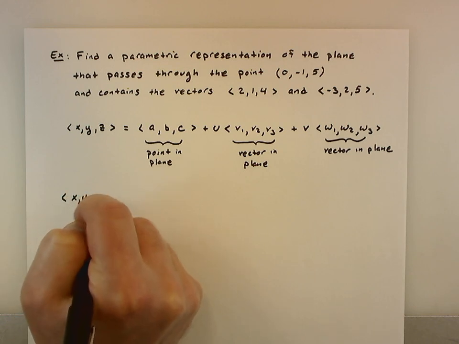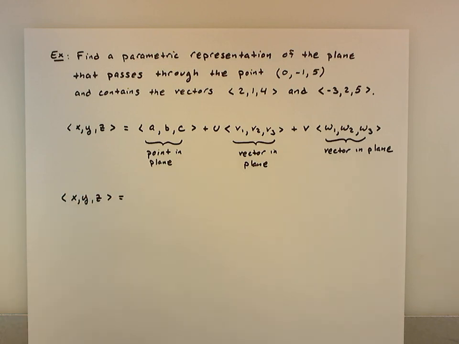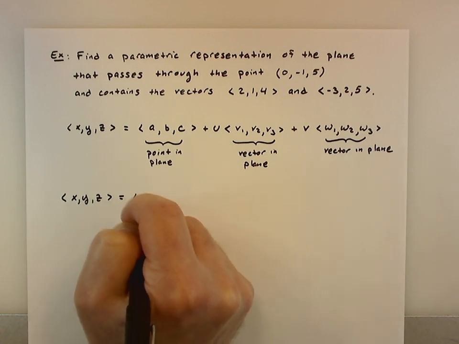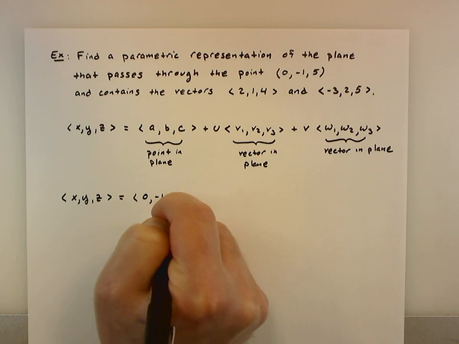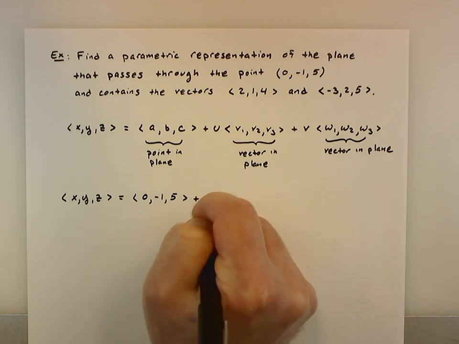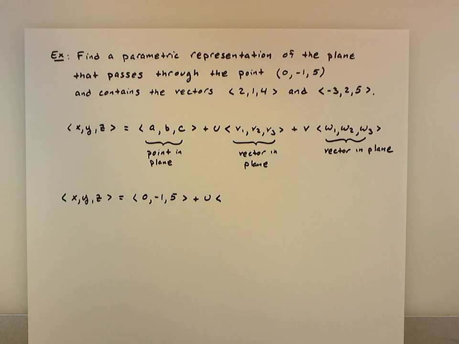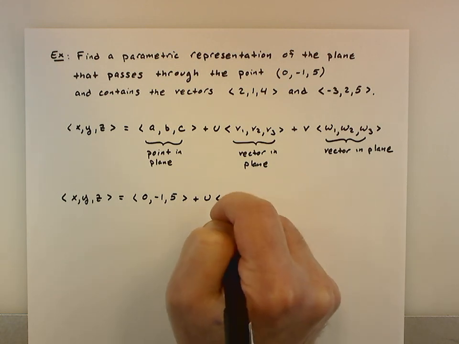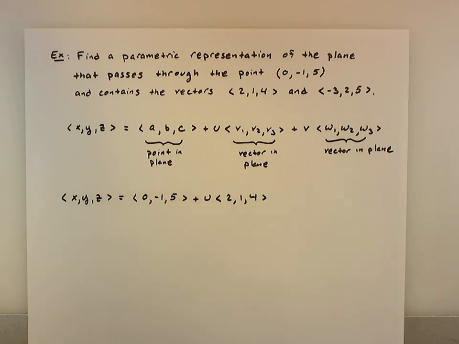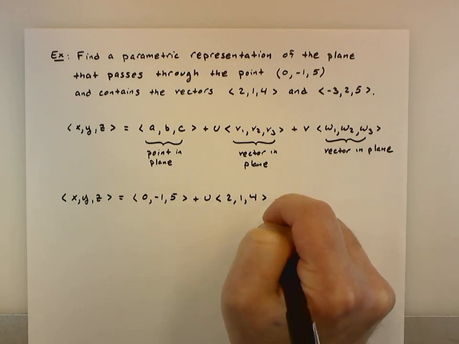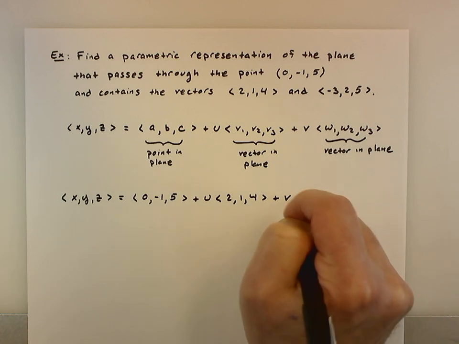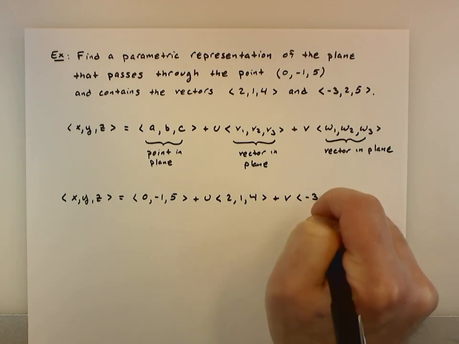So the components xyz would be equal to the point 0, -1, 5 plus u, some parameter u, multiplied by the vector 2, 1, 4 plus some other parameter v multiplied by the vector -3, 2, 5.